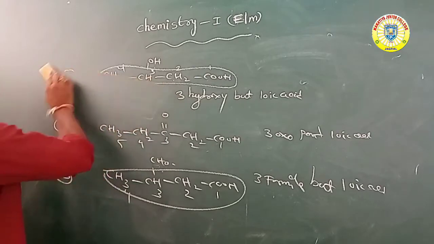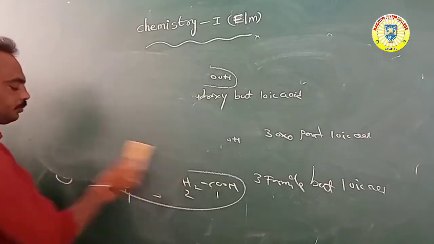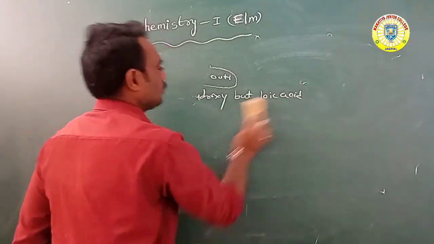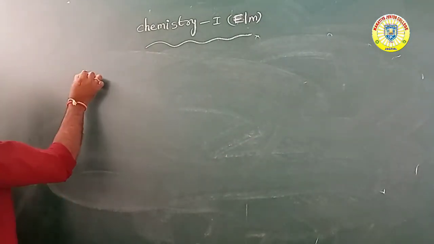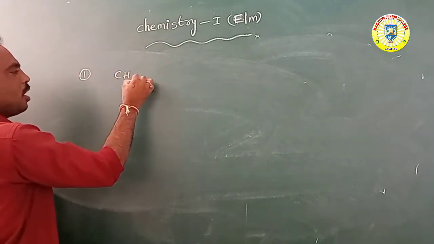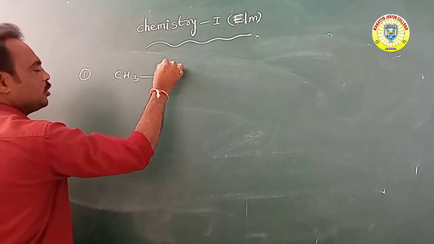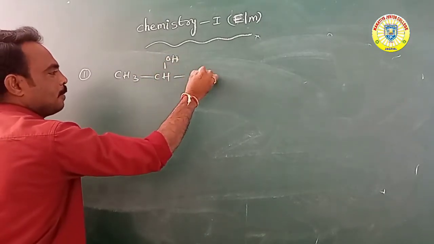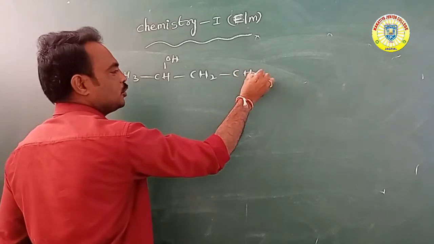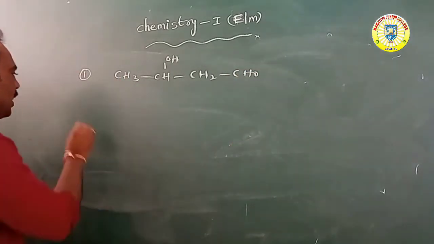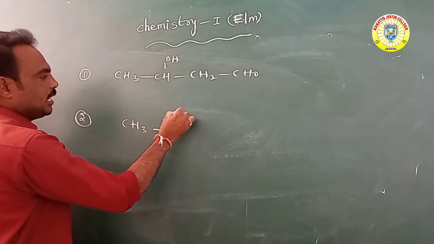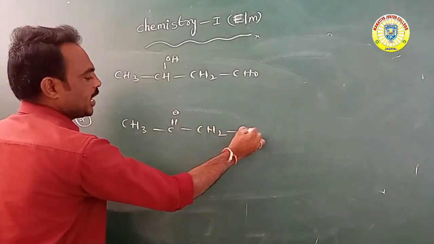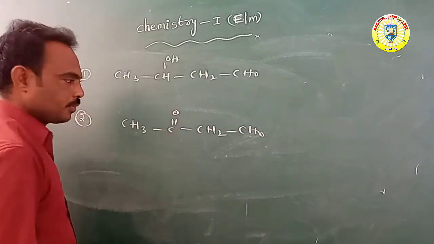Suppose, for example, we write the remaining examples. CH3, CH, OH, CH2, CHO. Our second one: CH3, C double bond O, CH2, CHO.